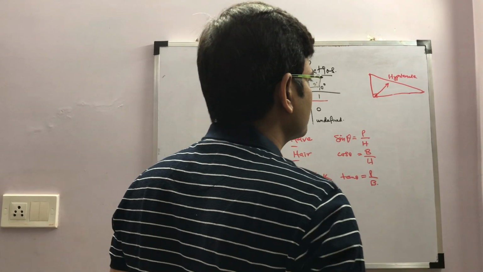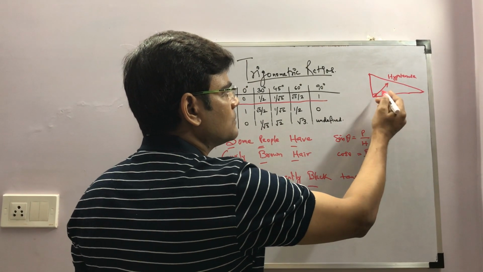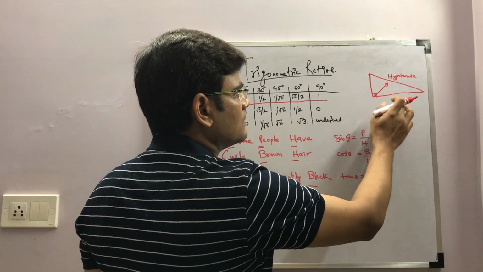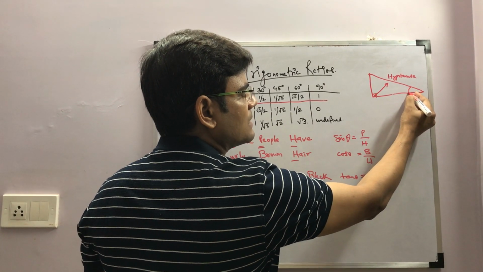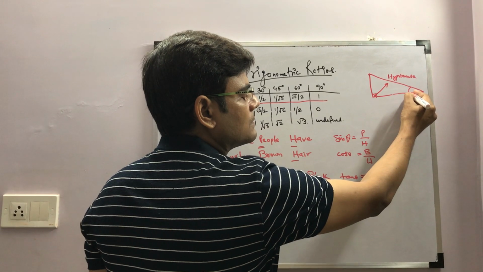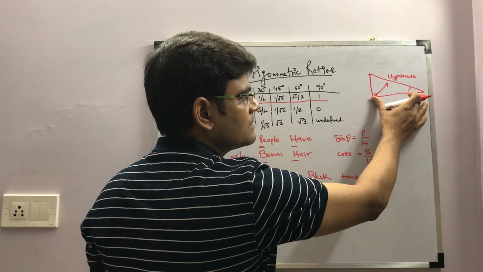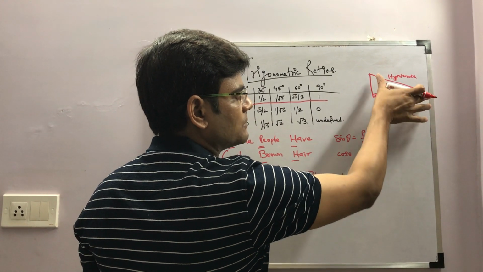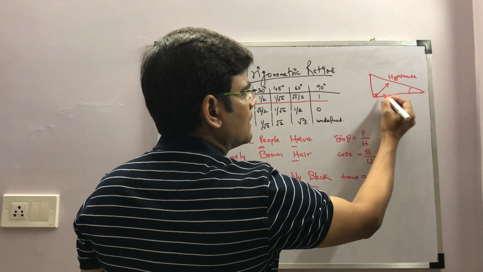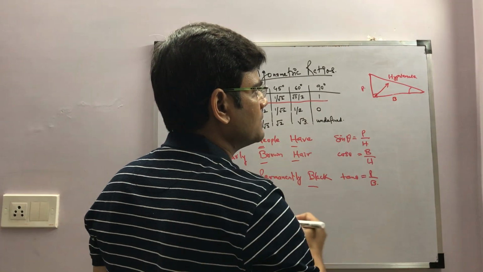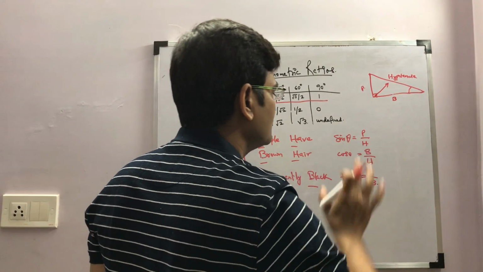Now you are left with the other two sides. The angle is always formed between base and hypotenuse. So if you consider this angle, this is the base, and the third side is the perpendicular.